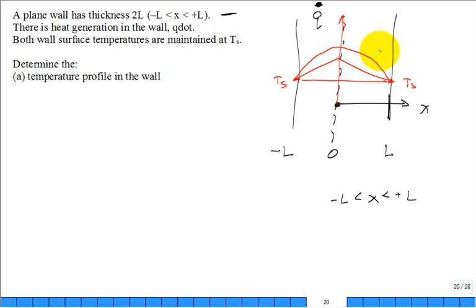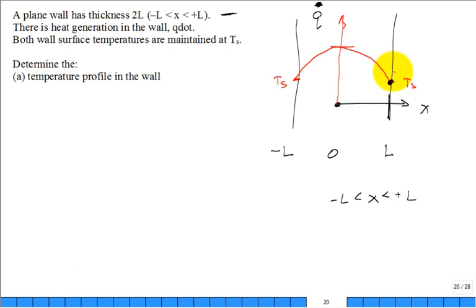And probably from symmetry, I could cut it in half straight down the x equal to 0 plane and flip it over, and wouldn't it be symmetrical? Yeah, it looks like it'd be symmetrical. So going back to math, what do you think about the slope of the temperature profile at x equal to 0? Zero. So right away, we have our differential equation and our boundary conditions.